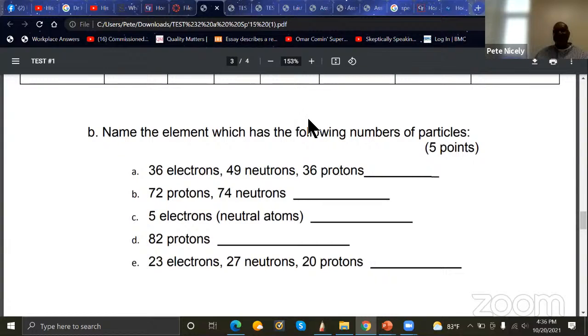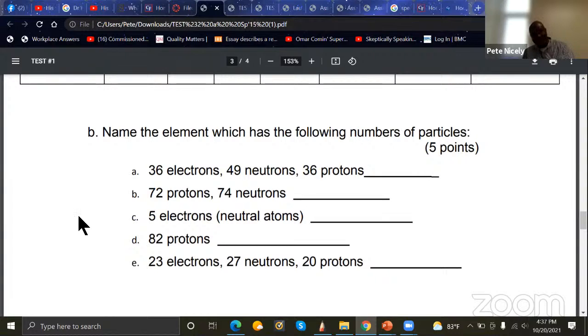And what's the definition of the atomic number? What is the atomic number by definition? The number of protons. Very good. And also, you should recognize that in a neutral atom, the number of protons and electrons will be the same. So these are the things that you have to take into consideration in answering this question.